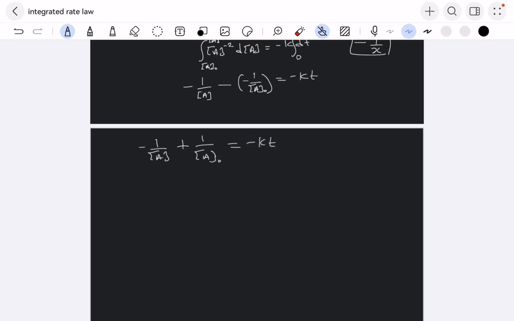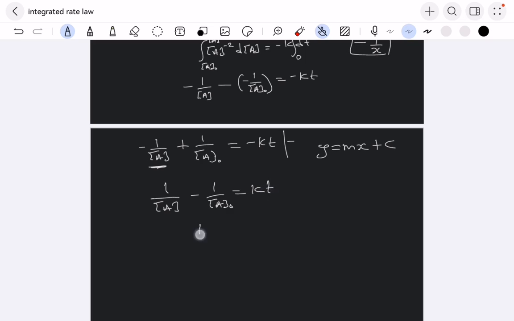Again, rewriting this as y equals mx plus c, making this a positive, you multiply throughout by a negative, so it becomes 1 over A final minus 1 over A initial equals positive kt.